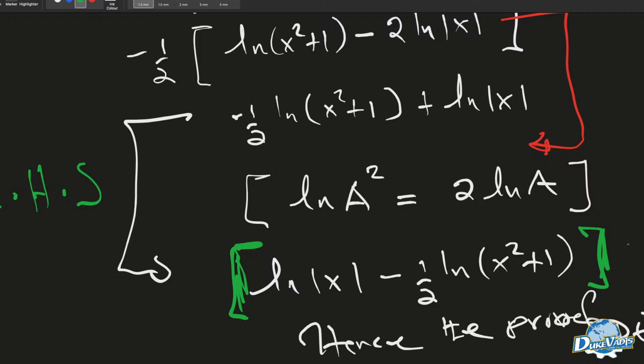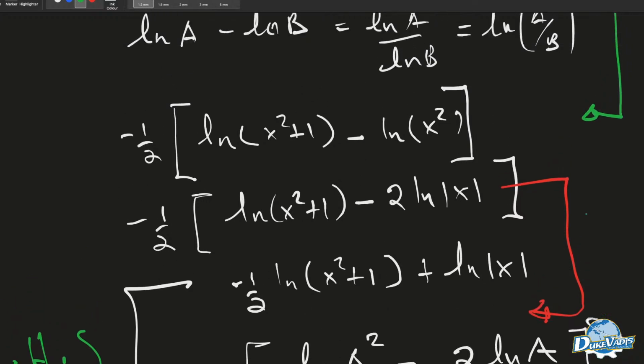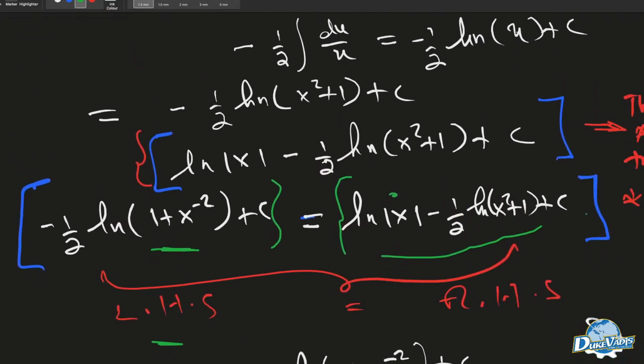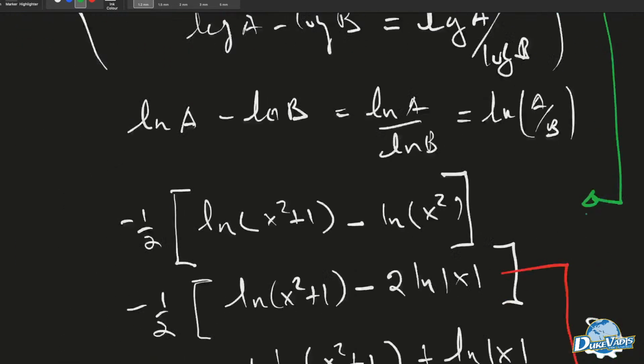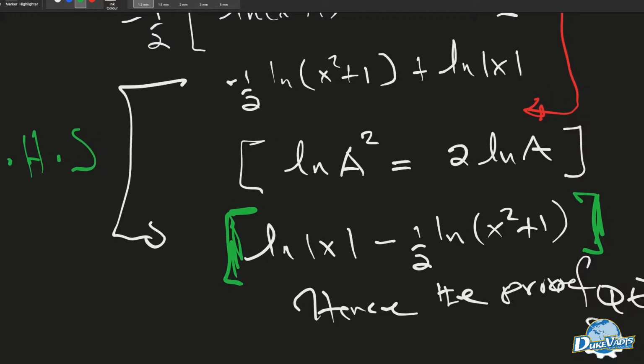Let's go up there and see. We have natural log of the absolute value of x minus half natural log of x squared plus 1. Check our final answer. Yes, here we are. It's the same. The c is just a constant that we add to it, so plus c.